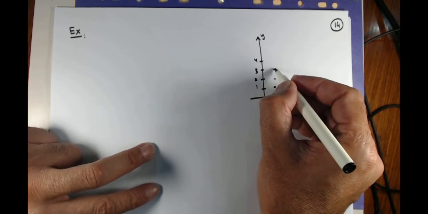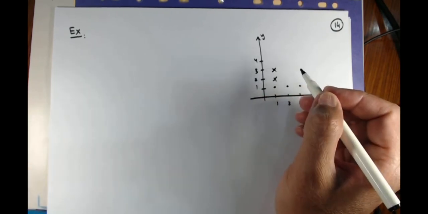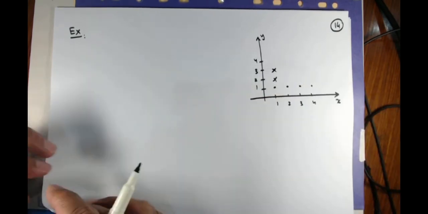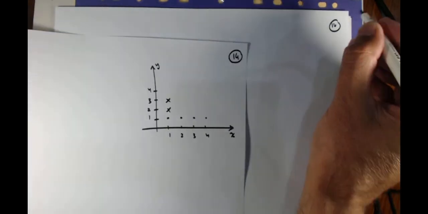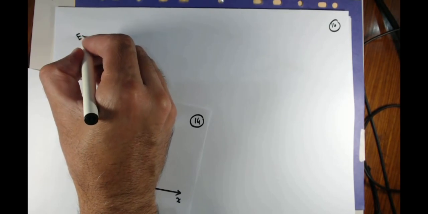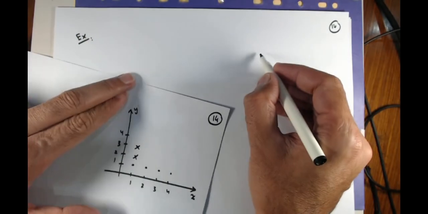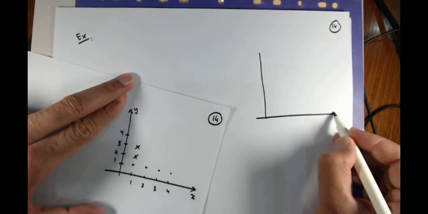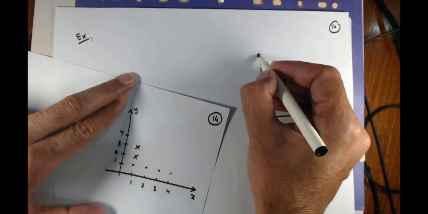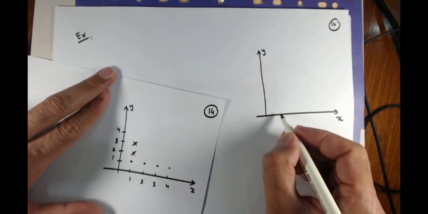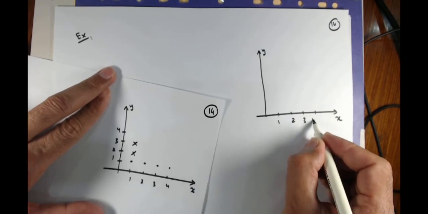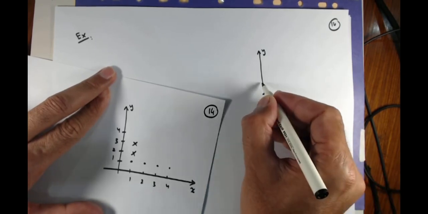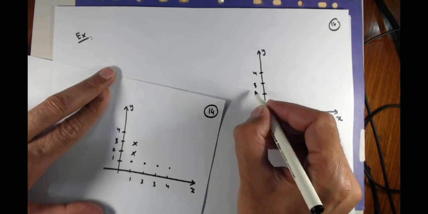I'll use this new slide for this example, where we have x and y with the values 1, 2, 3, 4 and 1, 2, 3, 4.